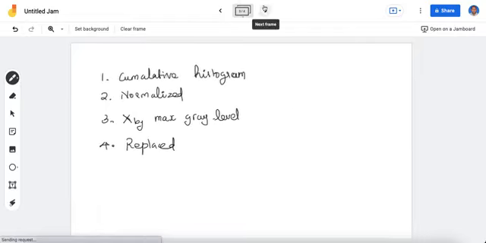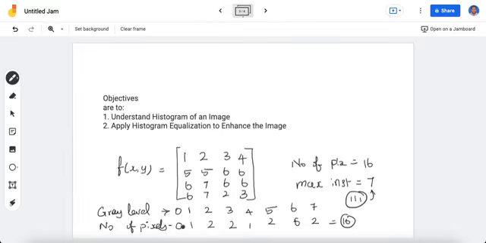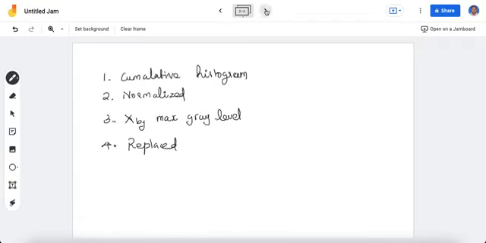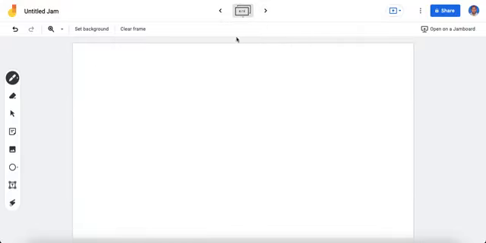So let us check. We will take the same example, that is, apply histogram equalization for the given image. This is what we have taken into account to find the histogram. Here this is our histogram. We have to consider the same. So now we are going to apply these 4 steps to this particular image to find the equalized information.